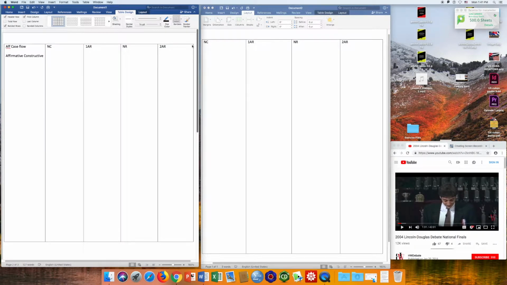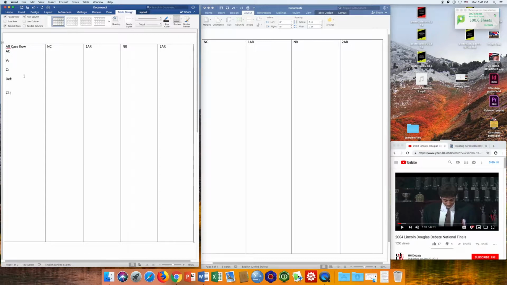So you want to label this at the beginning of your round. And a couple quick things, as you can see already I'm using abbreviations, and when you flow you want to use a lot of abbreviations. So already you can get ready to expect a value, because LD uses value, criterion, or standard. So you can get that ready. You can probably expect some definitions, and then there'll probably be a C1.